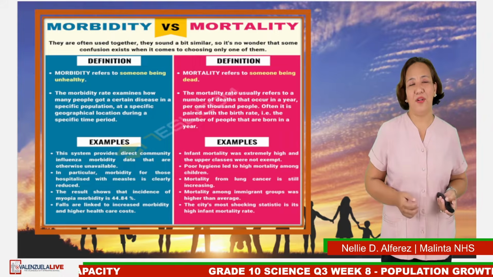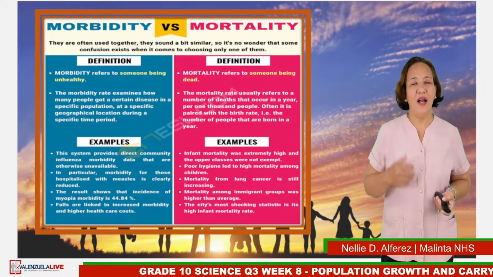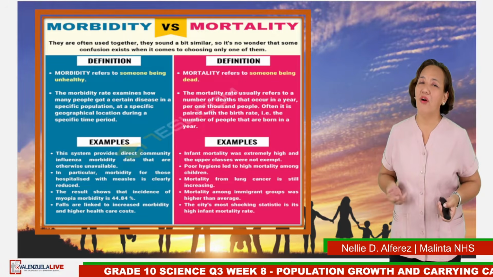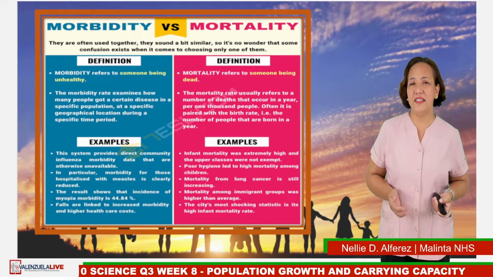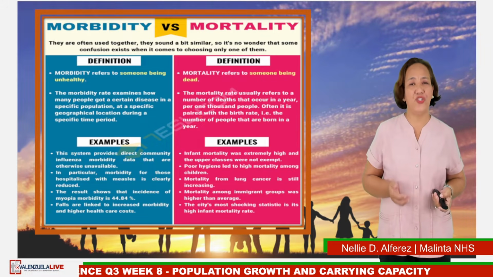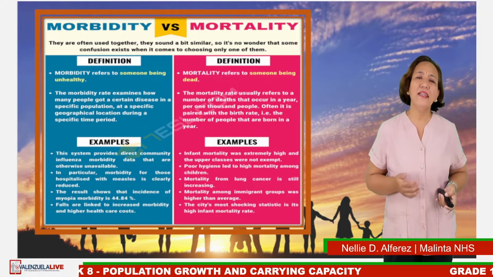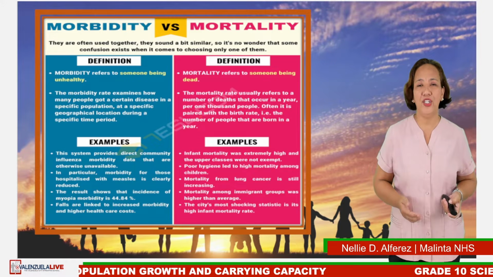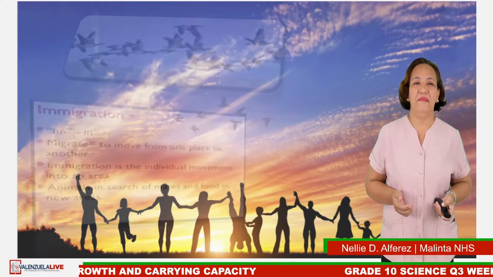Often, it is paired with birth rate. While morbidity refers to someone being unhealthy, the morbidity rate examines how many people got a certain disease in a specific population at a specific geographical location during a specific period of time.